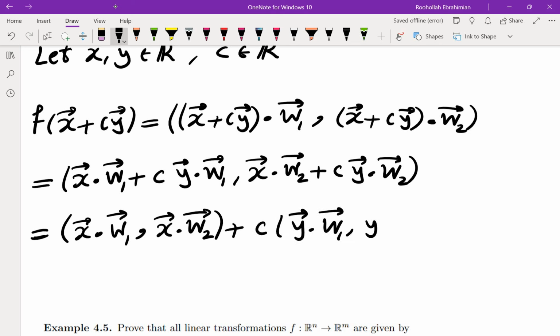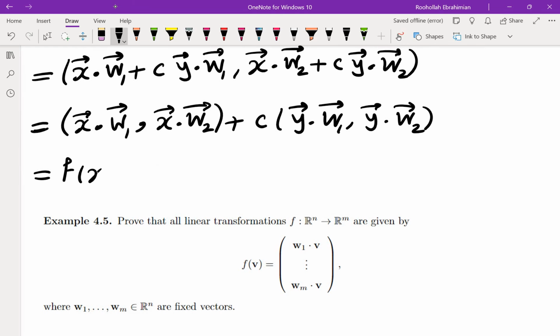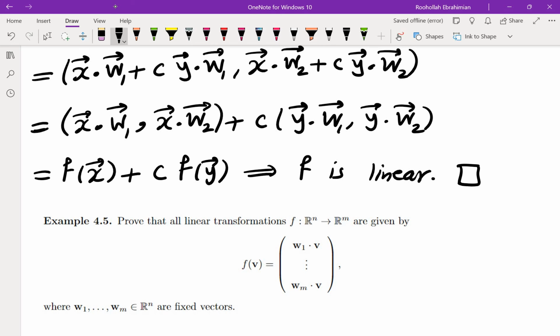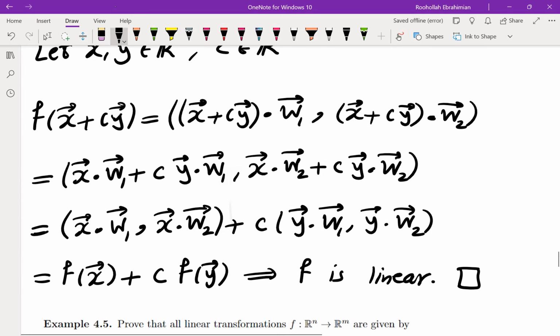This is equal to, okay, so the first one is just f of x and the second one is just c f of y. So this means f is in fact linear. So that's the way you really want to show something is linear. It's a better way of showing it's linear than using the additivity and homogeneity. It's a little bit faster if you don't get confused by combining the two, because the variables get more and it might be a little bit more confusing.